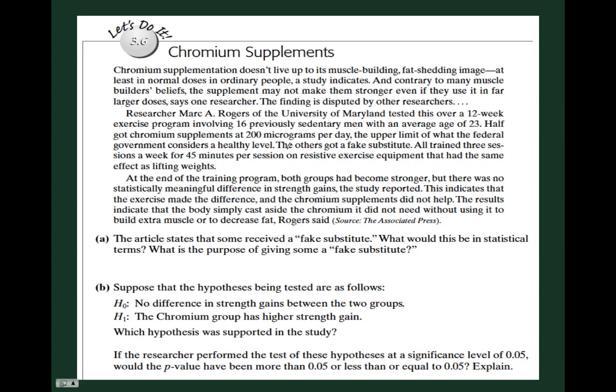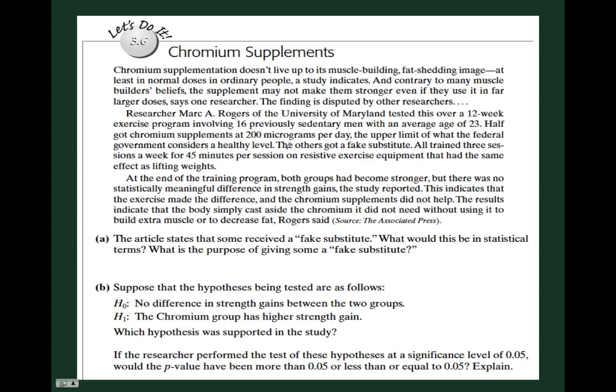All trained 3 sessions a week for 45 minutes per session on resistive exercise equipment that had the same effect as lifting weights. At the end of the training program, both groups had become stronger, but there was no statistically meaningful difference in strength gains, the study reported.